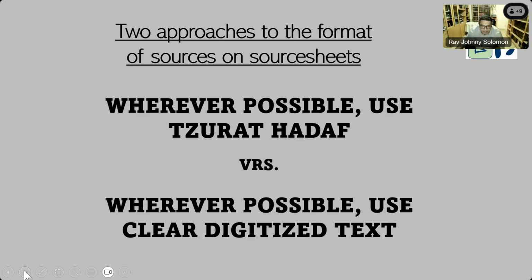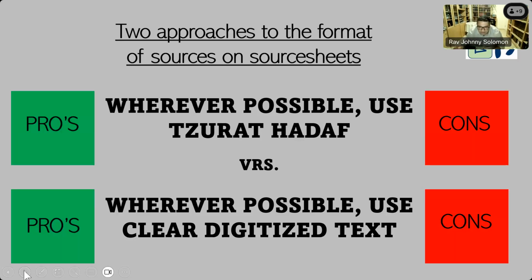The short answer is that there are pros and cons to each position. There really are. At times you may well agree with the former, and at times you may agree with the latter. And the short answer is, what are you trying to do in the shiur? If it is to present the most amount of text in the clearest way possible, which you can manipulate, well, undoubtedly you're going to use clear digitized text from various databases or from the internet.